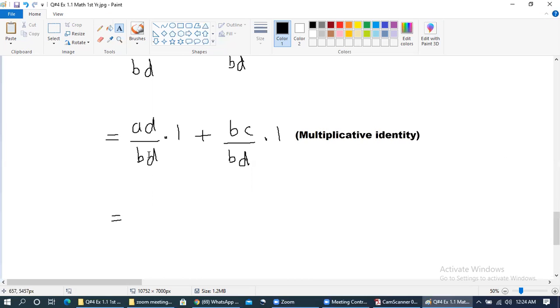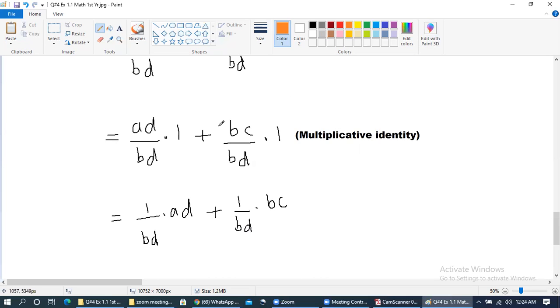So now we'll be repeating the same procedure which we had done in part 1. And what is that procedure? That we can write it as 1 by BD into AD, because 1 and AD can change their arrangement, plus 1 by BD into BC.